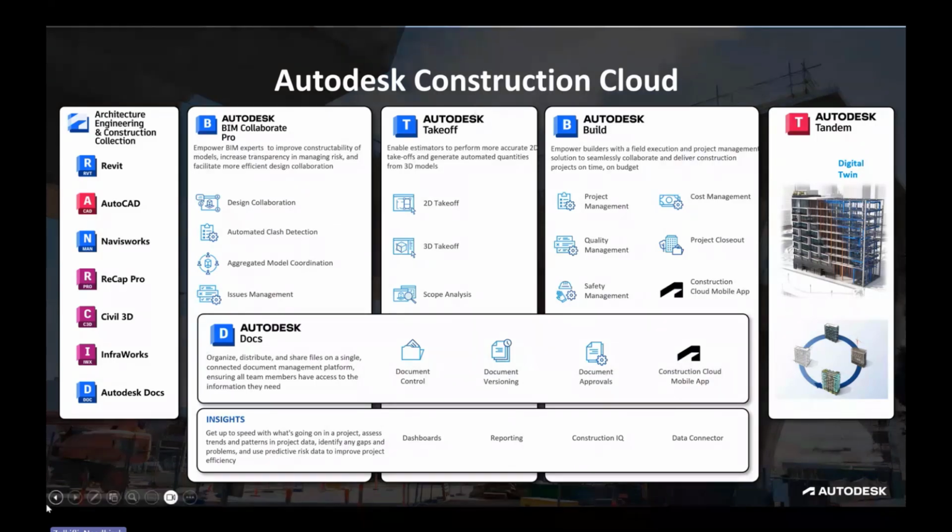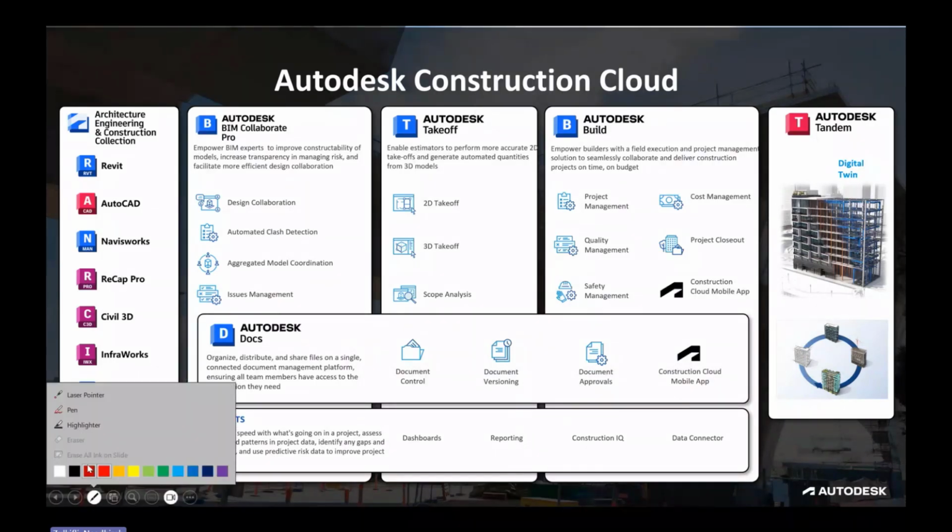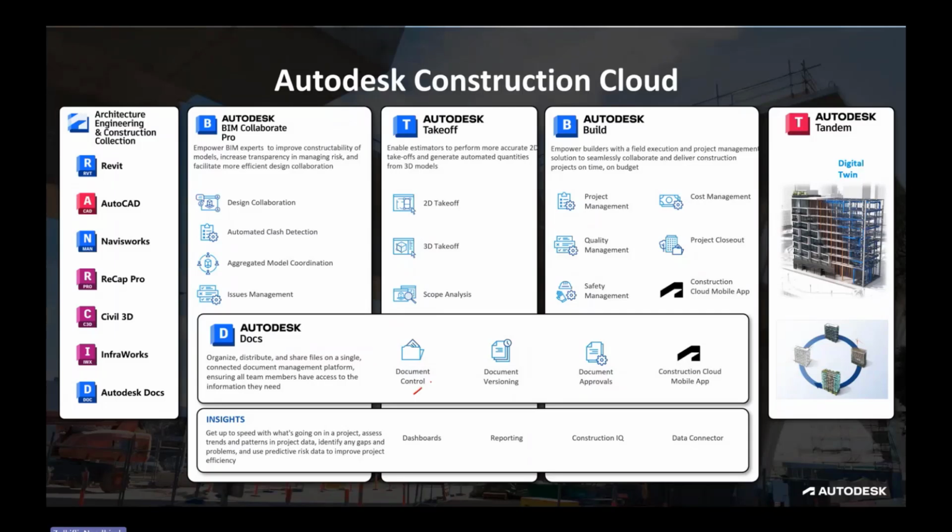With Autodesk Docs, you have document control, document versioning, document approval, dashboard reporting, and also Construction IQ. I will open Autodesk Docs after this, at least to give you some overview of how it looks as a document management storage platform.